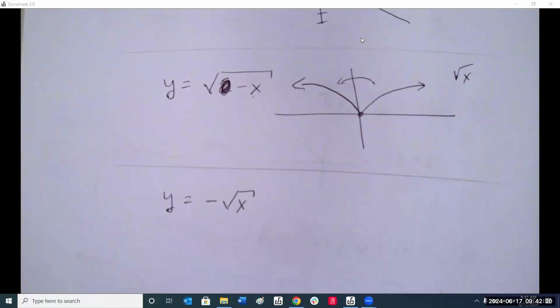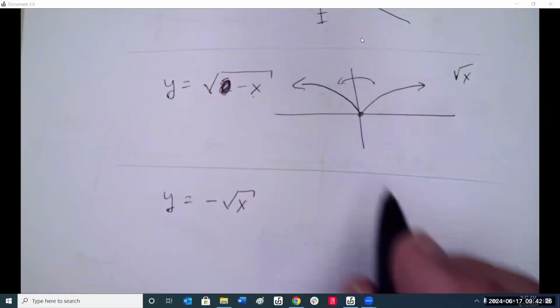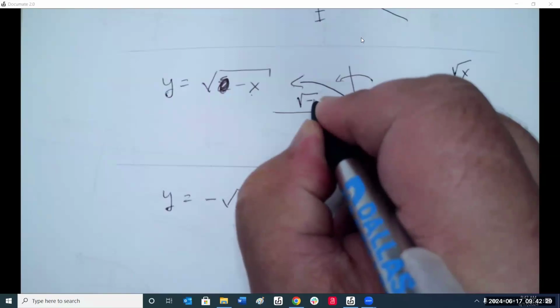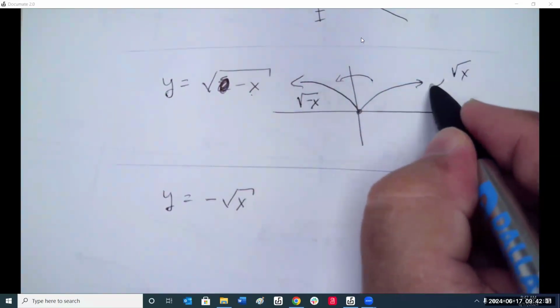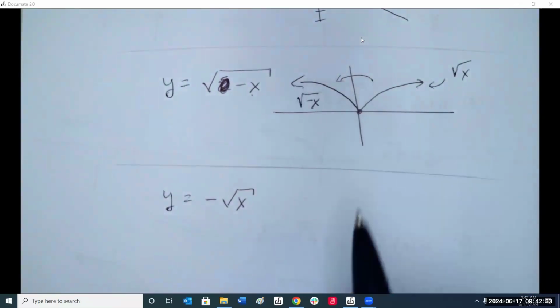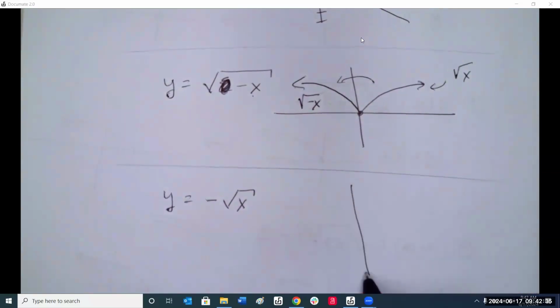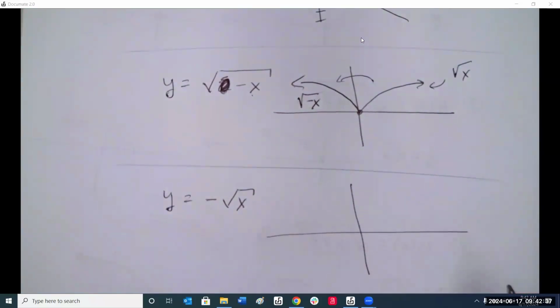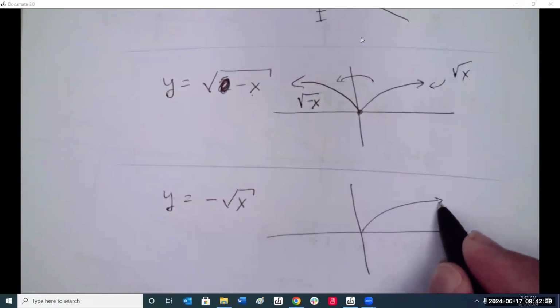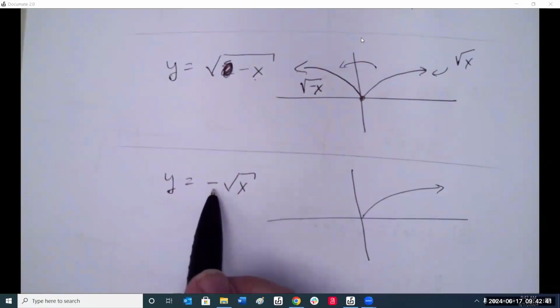So what is this graph going to look like? So this one was that. Now this one is that graph. So what's the original graph look like? Square root of X. What does this make me do?